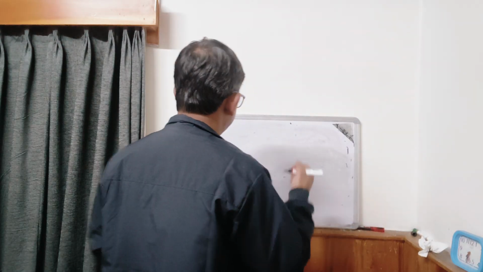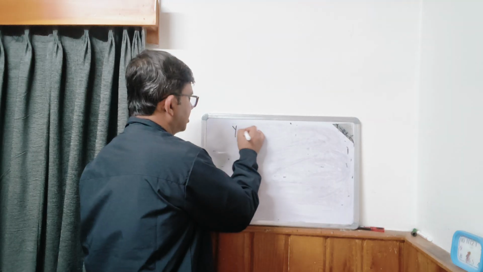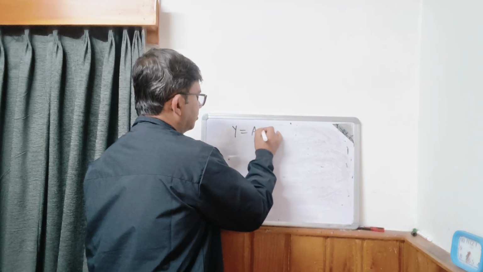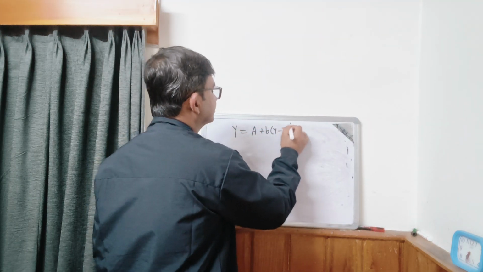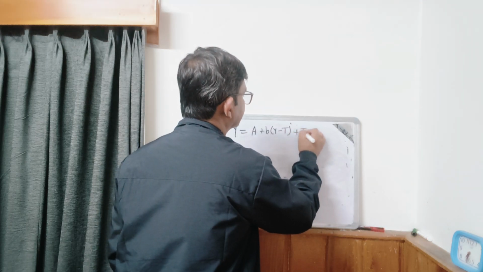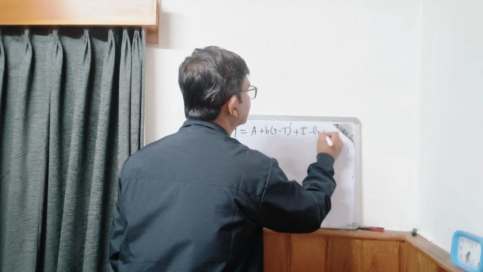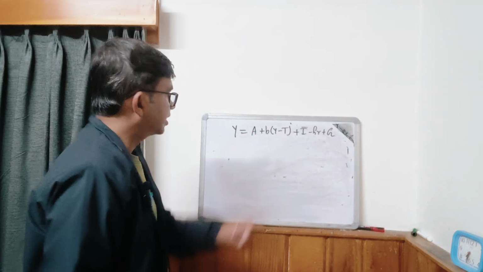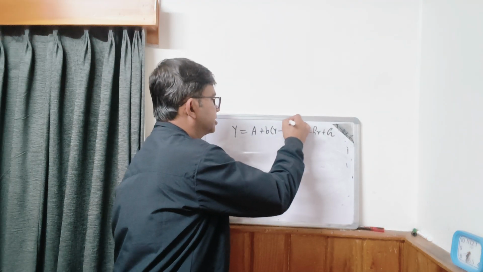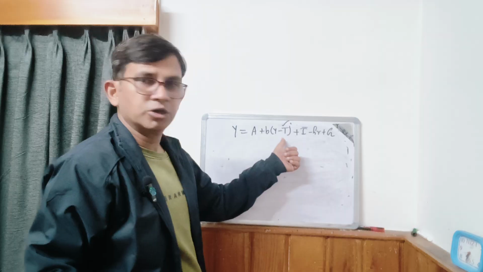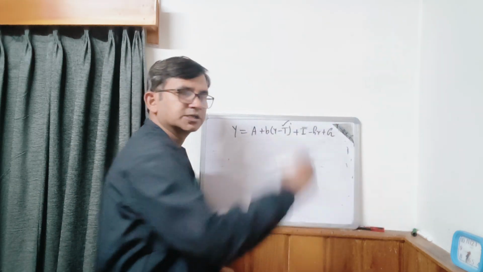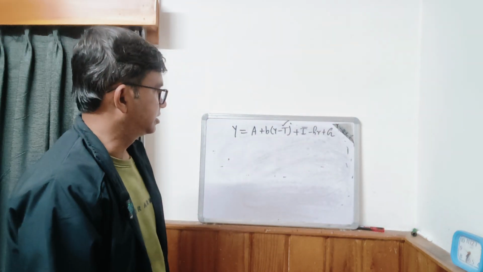We'll start from the same type of equation in the commodity market, Y equals to... So what is the difference? The difference is that we'll consider a change in the volume of tax, whereas the public expenditure remains unchanged.